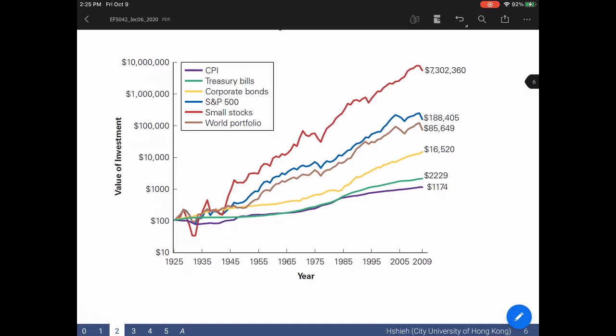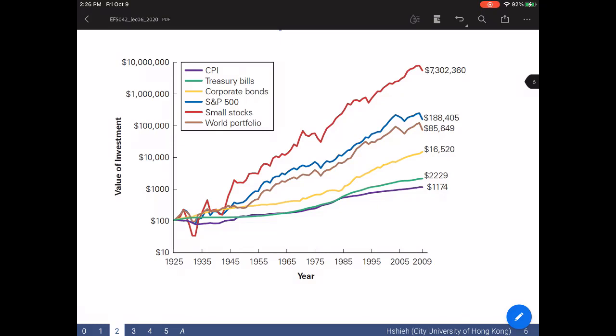But as we move into different asset classes that are riskier, we see that $100 return increases substantially. Moving from CPI to treasury bills, we get a much higher return, $2,000, right? Moving then into corporate bonds, which is slightly riskier, but still safer than stocks, we see that it jumps all the way to $16,000.